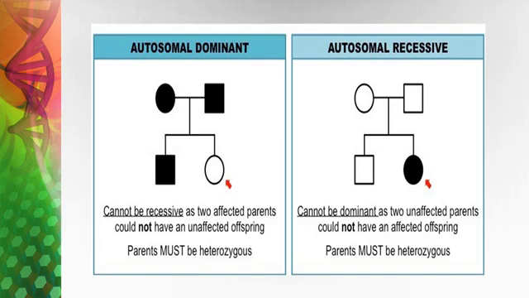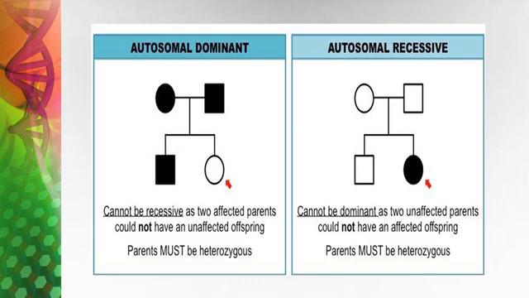For autosomal recessive cases, it is a little tough to figure out the carrier without sufficient information. It is challenging to distinguish homozygous dominant from heterozygous individuals who are unaffected. However, we can tell if the affected individual is homozygous recessive.